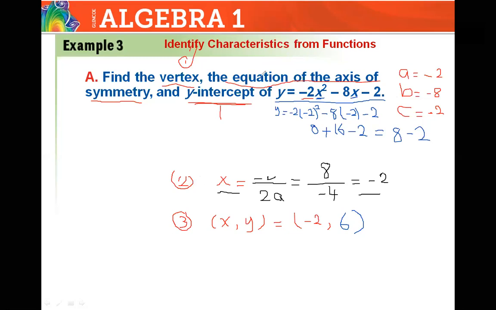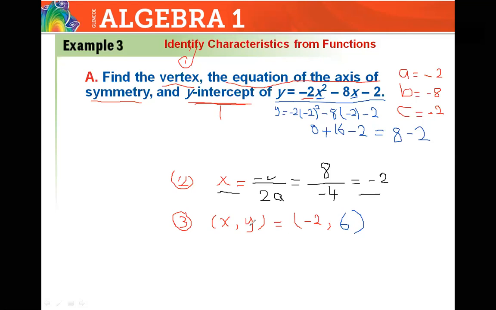Number 2, the equation of axis of symmetry. We have a rule that says x equals negative b over 2a, or negative the coefficient of x over twice the coefficient of x squared. We substitute and we get the value, which is negative 2 also. Then we get the vertex point. The vertex point consists of x and y.